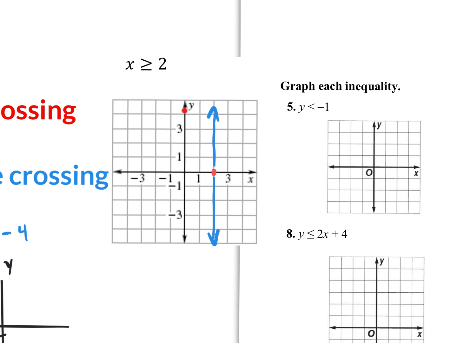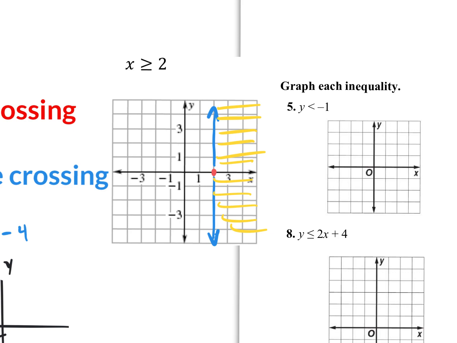Because the y is up and down. Now, this doesn't even have a y. It has an x. So we need to go back to thinking about x, which is left and right. So this says x is what? Greater than 2. Greater than is to the left or to the right? To the right. So you would be shading everything on the right side of this blue line.